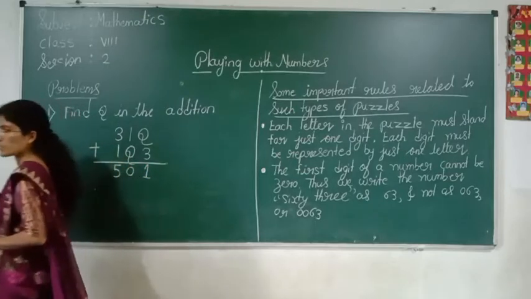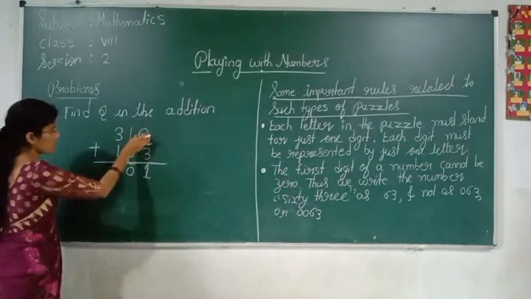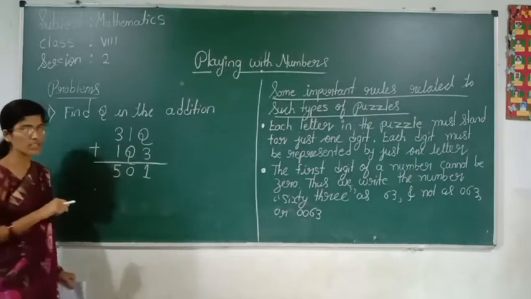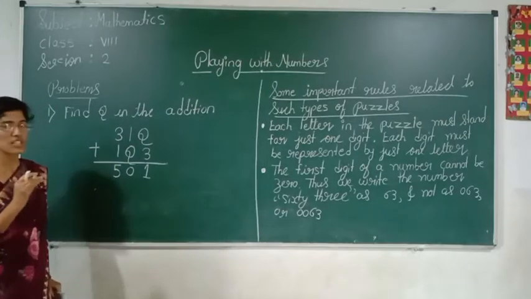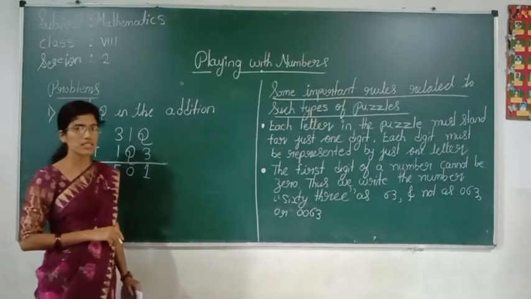Now, students, we have to solve this puzzle. The main rule is that each letter in the puzzle must be represented by one digit only, and the second rule is that the first digit of a number cannot be 0.